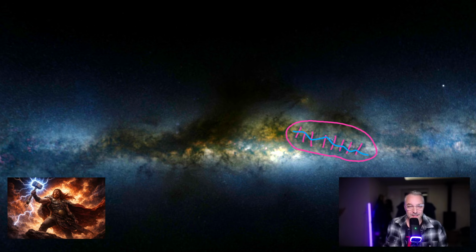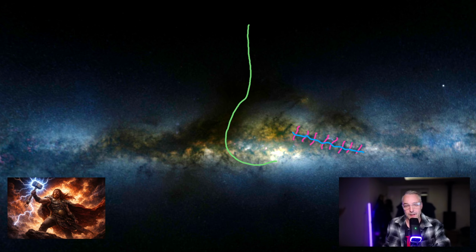And I'll make it up again here. So this is the land and the gods' council and the river. Okay. And then we have Thor, because the entire Milky Way center here is the giant foot.